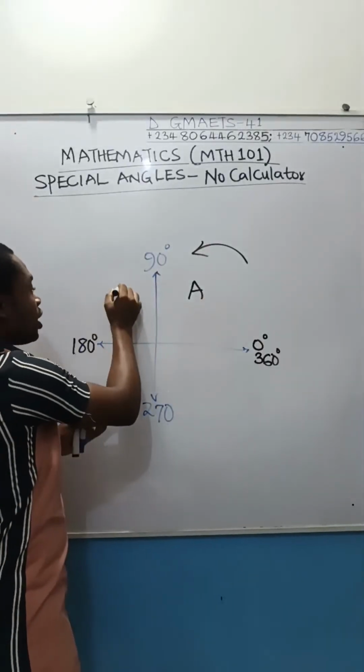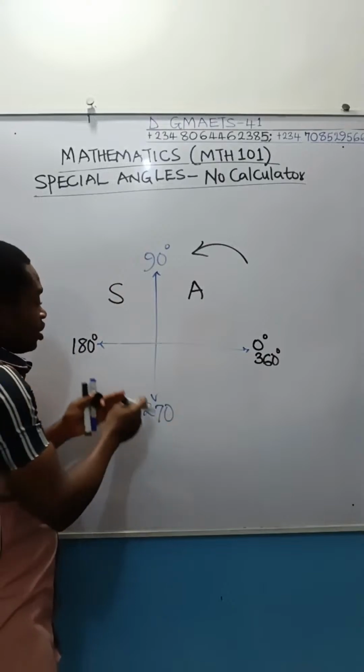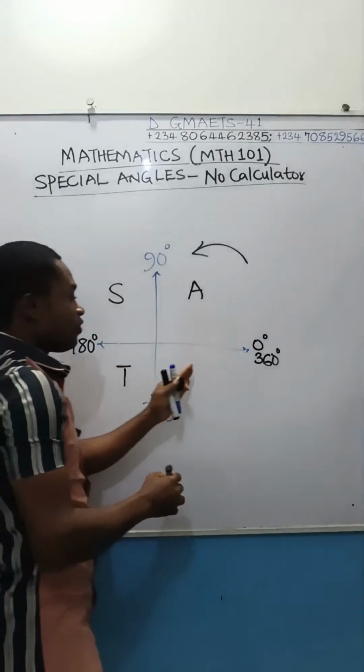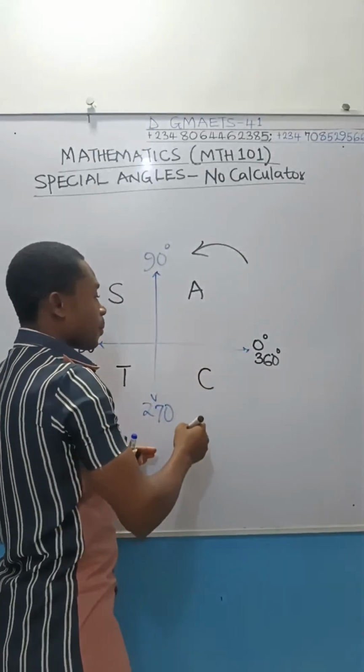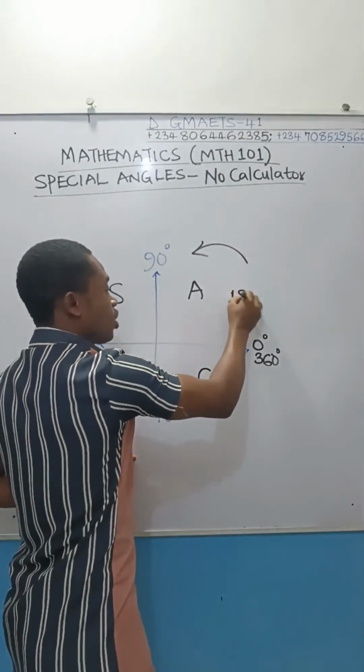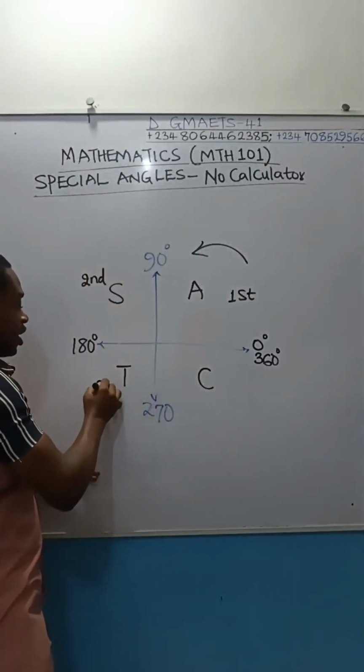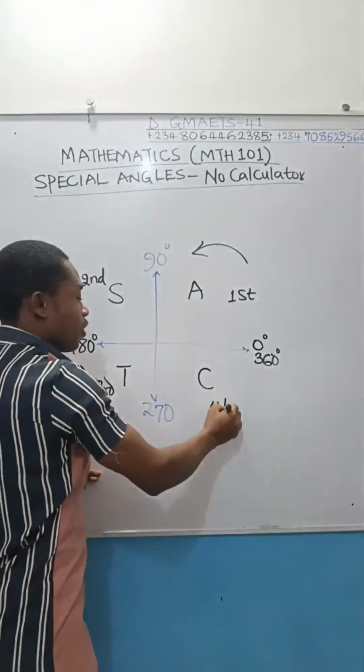In the second quadrant, we have S. In the third quadrant, we have T. In the fourth quadrant, we have C. This is our first quadrant, this is our second quadrant, this is our third quadrant, and this is our fourth quadrant.